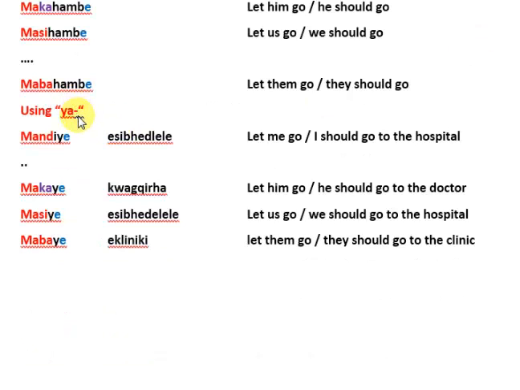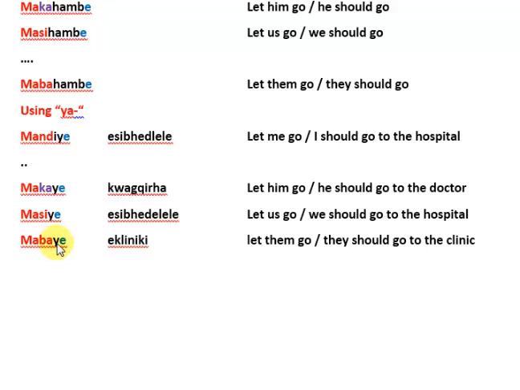But here is our problem child with maka, when he or she is involved. Using ya, to go to a place. Mandiye esibhedlele, let me go, or I should go to the hospital. Maka, again, makaye kwagqirha, let him go, or he should go to the doctor. Masiye esibhedlele, let's go, or we should go to the hospital.